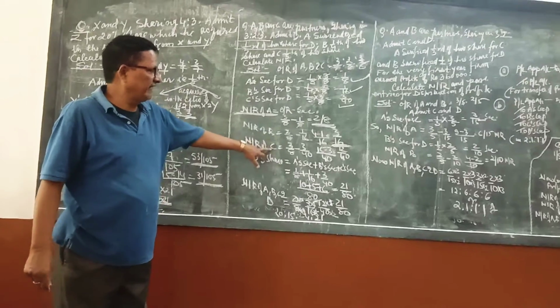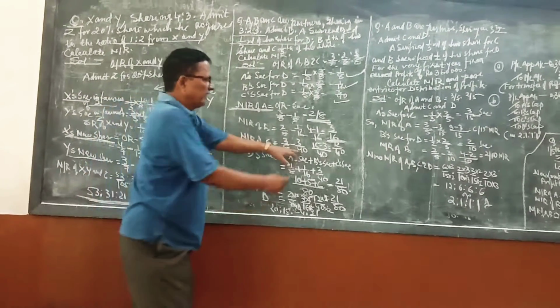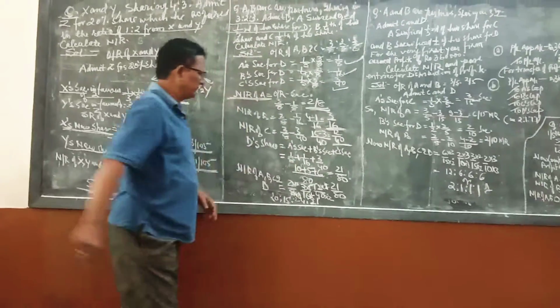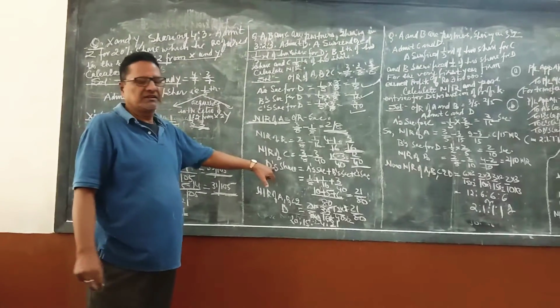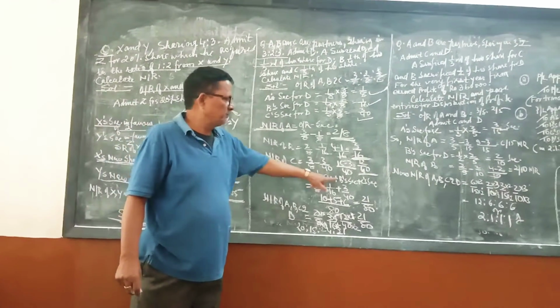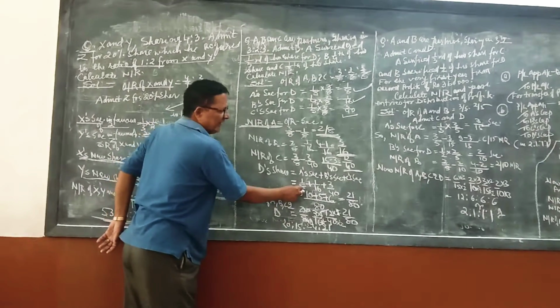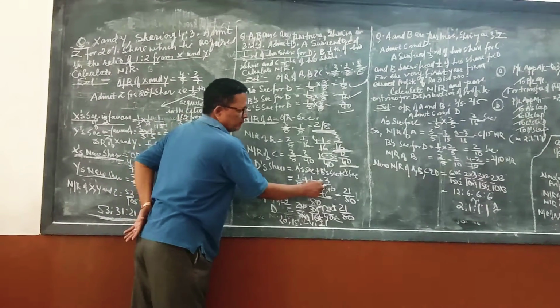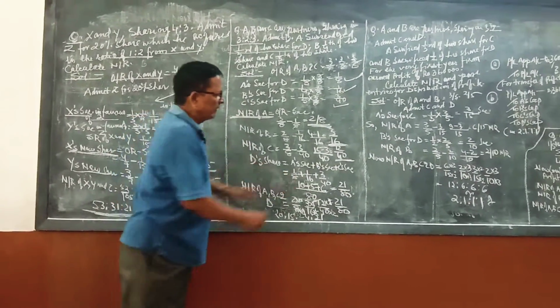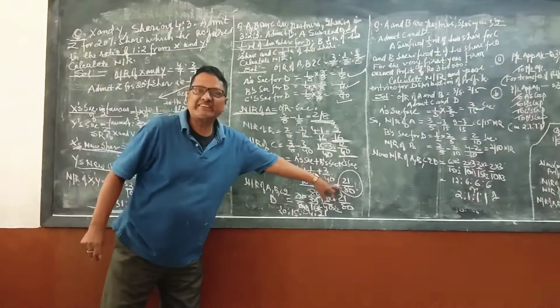New ratio of C, old ratio 3/8 minus sacrifice 3/40, will come to 12/40. And D's share in this case will be the sum of A's sacrifice plus B's sacrifice and C's sacrifice. That is 1/8 plus 1/16 plus 3/40, which will come to 21/80.